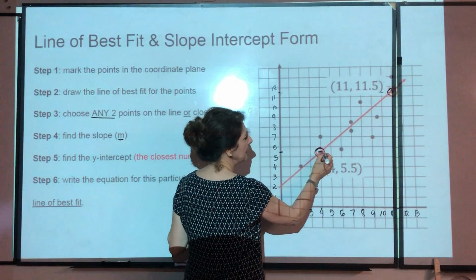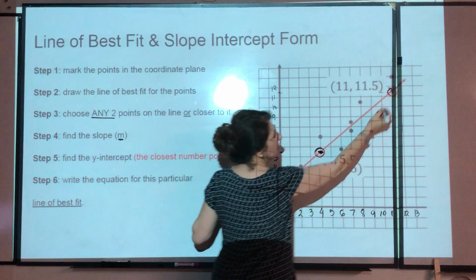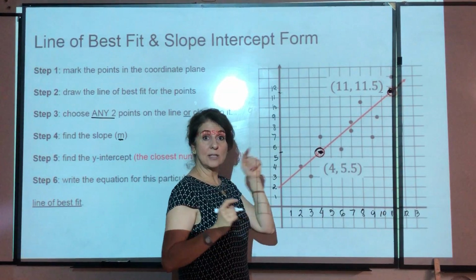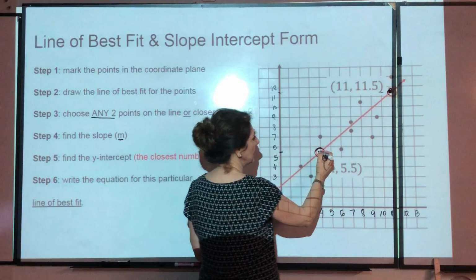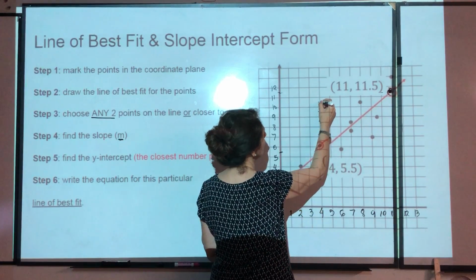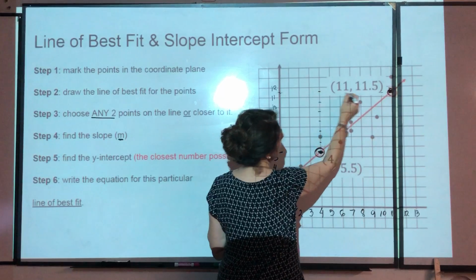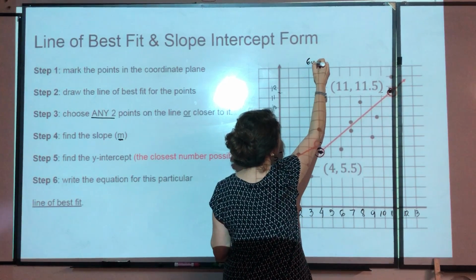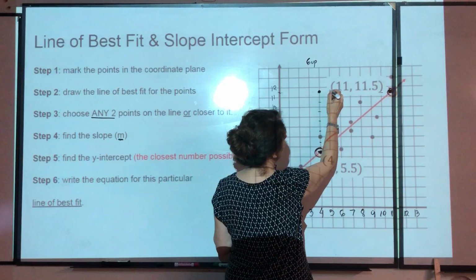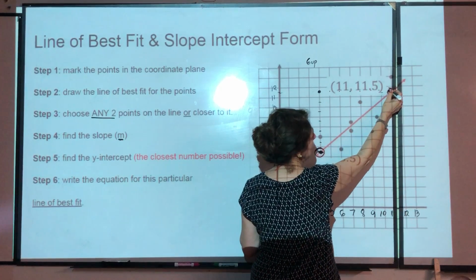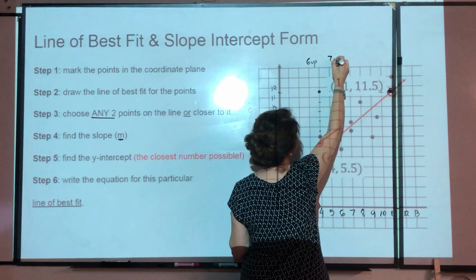So from this point here to this point here, I am going to count rise over run to find the slope. So I went up 1, 2, 3, 4, 5, 6 until here. So 6 up, and then 1, 2, 3, 4, 5, 6, 7 to the right.